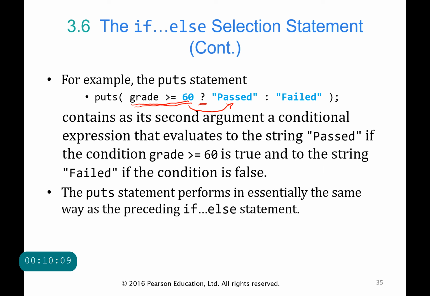So if this is true, you will put the string passed, because this is inside a puts, and if this is false, then you will return the failed string. So if grade is greater than or equal to 60, then passed will be printed. If not, then failed is going to be printed.